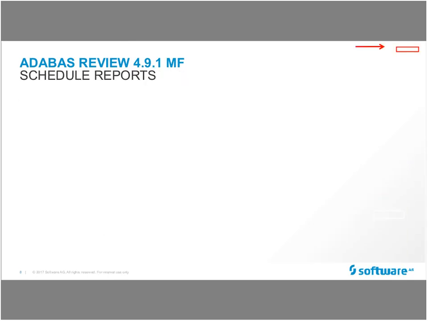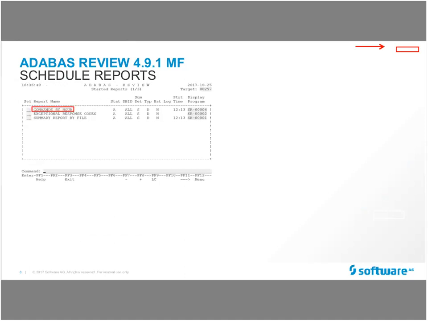Then, what I already said, schedule reports, and I just show you what you need to do. I just used the command by hour report, this one we sent you, and I said, okay, I want to define time, date, whatever I need to schedule a report.